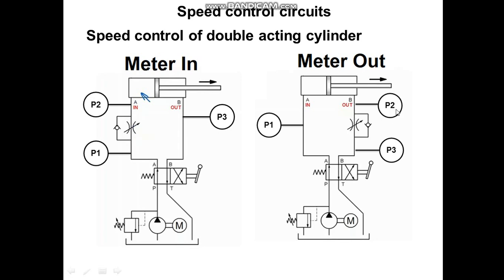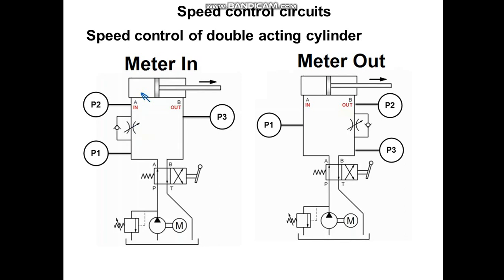So P2 will be more, and there is no arrangement to relieve P2, because the pressure relief valve is connected in the primary line. That is why the meter out circuit may experience a high temperature in the secondary line, and that may hamper the speed of extension and even the speed control of the hydraulic cylinder. So this is the main disadvantage of the meter out circuit.